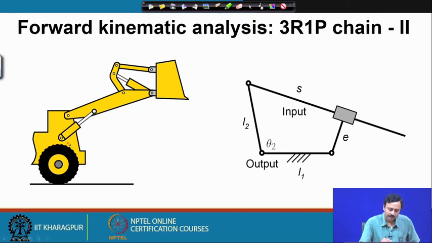This whole thing is what we call the input S. Part of this is the length of the actuator. The actuator will go from some S min to some S max. So, this is the throw of the actuator, and the rest of it might be just the length.